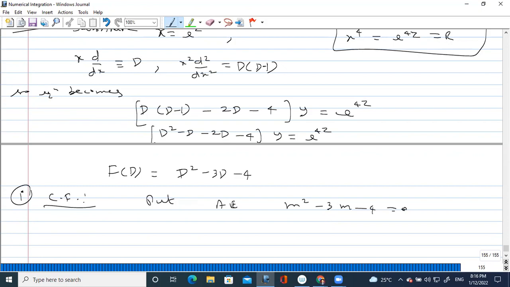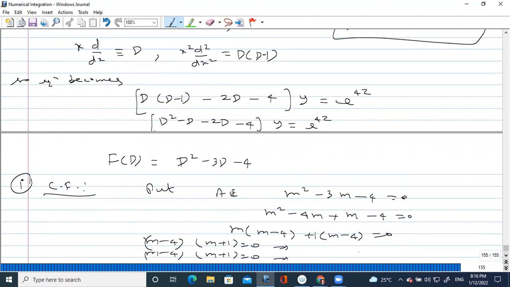So how to get it? Because it is negative, 4 times 1 is 4 and 4 minus 1 will be 3. So m square minus 4m plus m minus 4 is equal to 0. So m common, m minus 4, plus 1 common, m minus 4 equal to 0. m minus 4 into m plus 1 equal to 0.